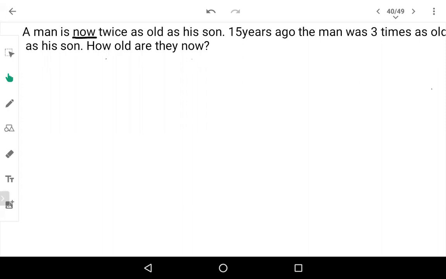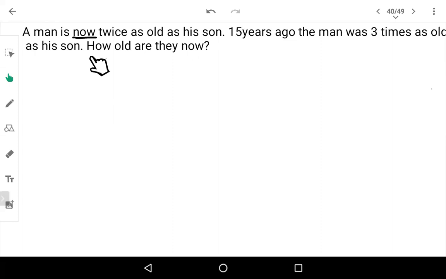Always read the question very, very carefully. Fine. A man is now twice as old as his son. This is the first sentence. Read again. A man is now twice as old as his son. 15 years ago, the man was 3 times as old as his son.